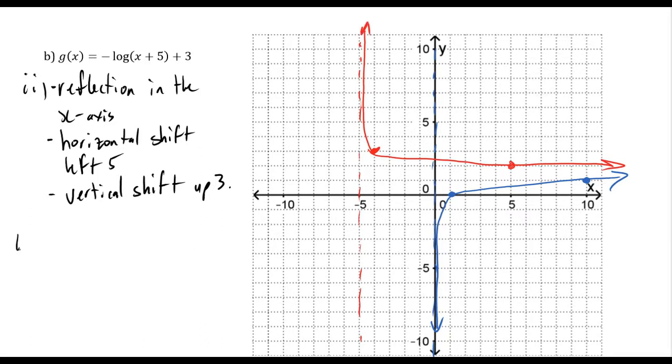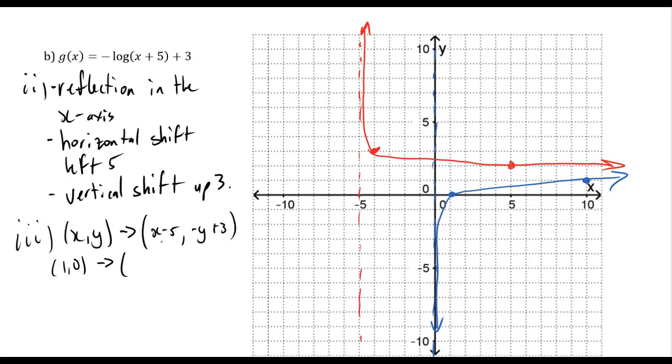And let's see. (x, y) goes to (x minus 5, -y plus 3), which means (1, 0) is going to go to 1 minus 5, which is -4, which looks good.